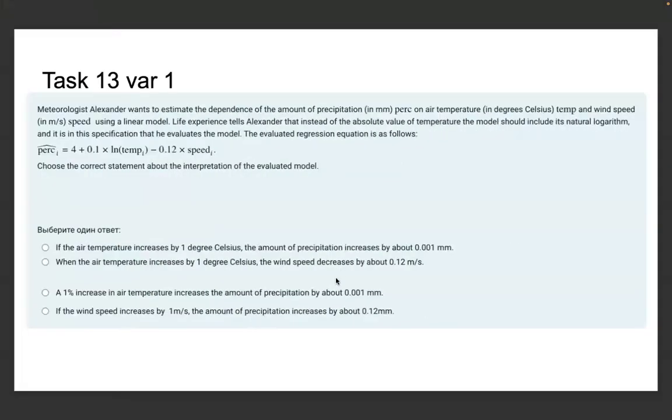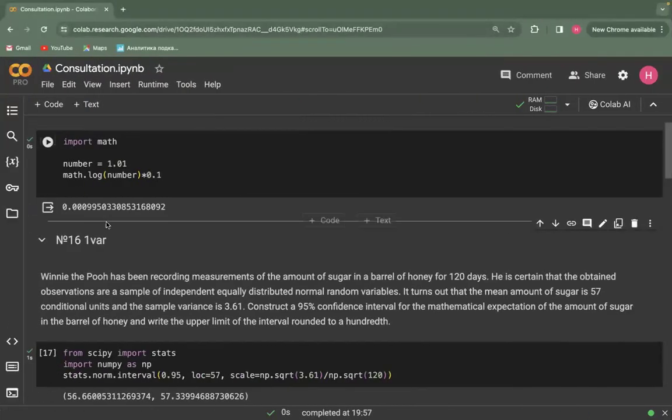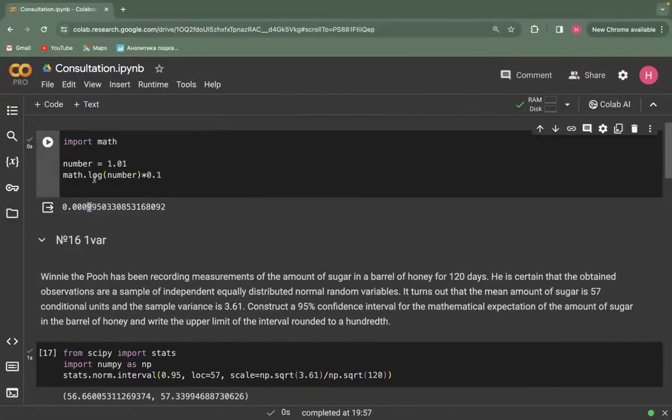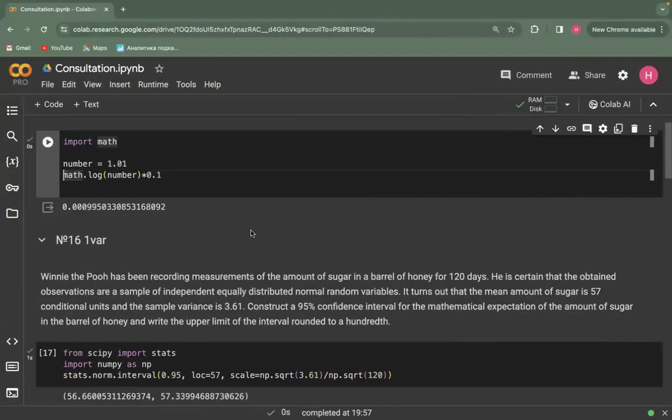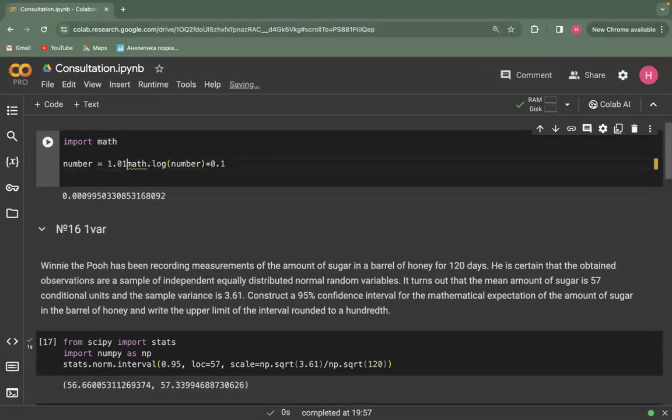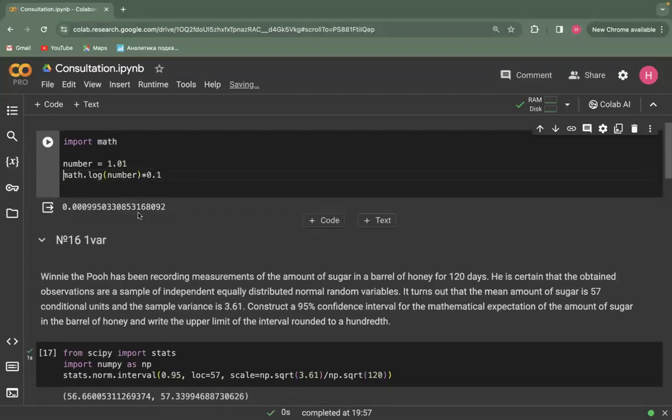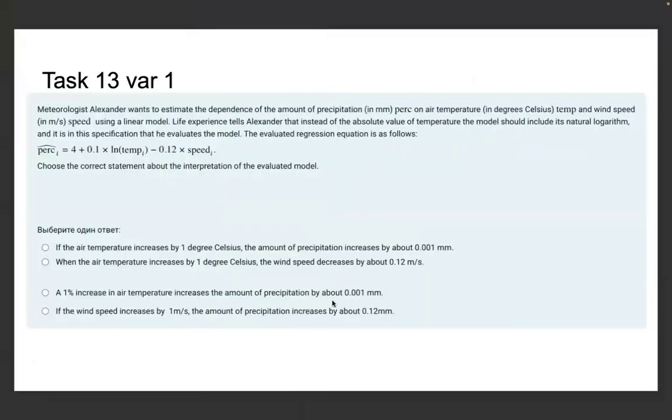And we can see that here it is stated that the amount of precipitation will increase by about this value. And as we can see, we can just, I think, round it. Oh, no, it's rounded to 4 digits. But okay, so it will be the right answer.